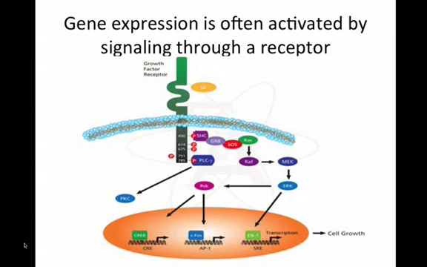So for example, in the past I've studied the NF-kappa B signaling pathway. And I've used as a control treating my cells with TNF-alpha. So there's a signaling molecule that's going to bind to a receptor and activate gene expression. And I looked at NF-kappa B activation through a reporter assay.